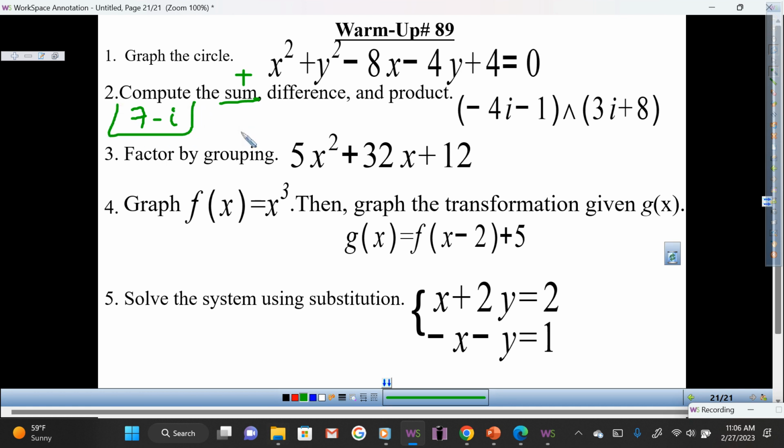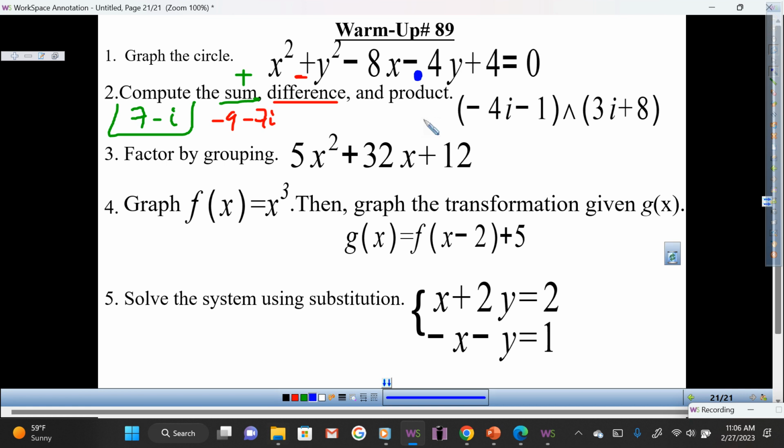Let's go from the corner. Difference. What'd you get for the difference, Christina? Negative 9 minus 7i. That is correct as well. Let's go. How about the product? What'd you get for the product, or multiplication? Frida, what'd you get?